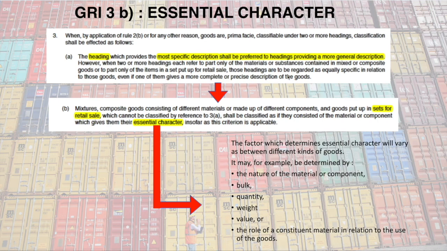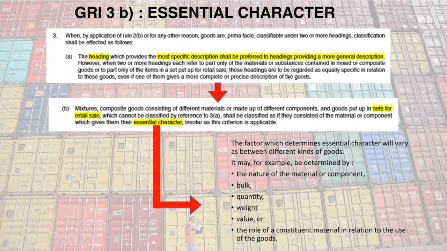And this criterion must be based on the one that predominates in quantity, percentage, weight, volume, or value, if it is possible to determine it. Then this part of rule 3, rule 3B, applies to mixed products, composite articles, and merchandise presented in sets or assortments for retail sale.